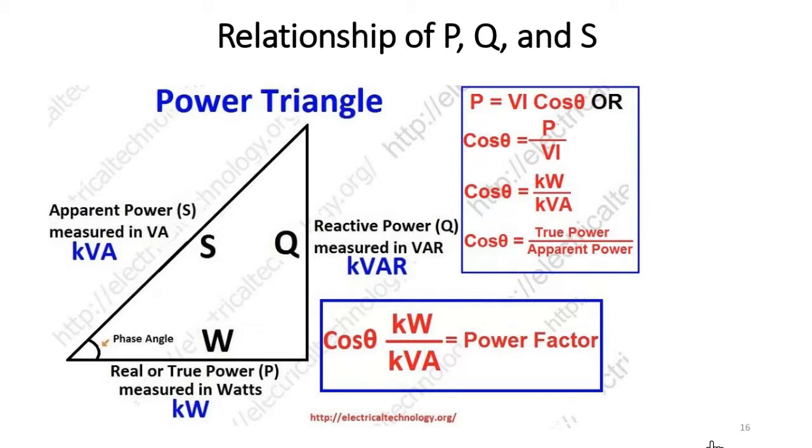Here in Qatar, you will see maybe 0.87 in summer, which is okay. In winter, you might have 0.9 or 0.95.